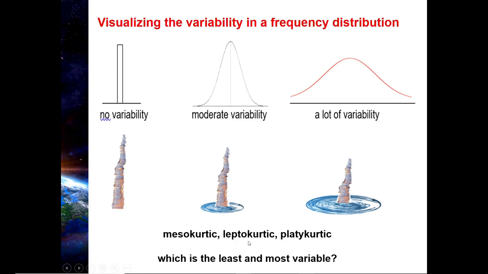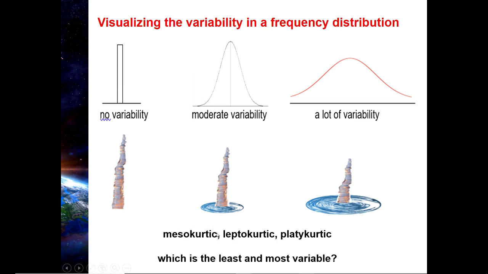Leptokurtic is a very peaked distribution, and platykurtic is a very flat distribution. All right, so we go from in the middle to both extremes, very, very peaked, very, very flat. So which one do you think would be the least variable? Well, if it looked like this, no variability, we could say that that would be the least variable.